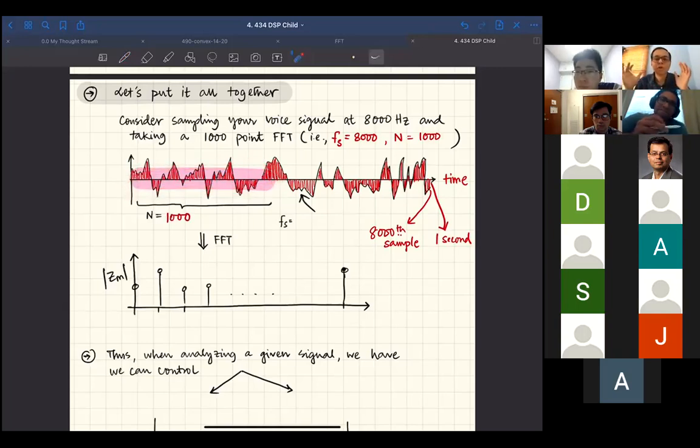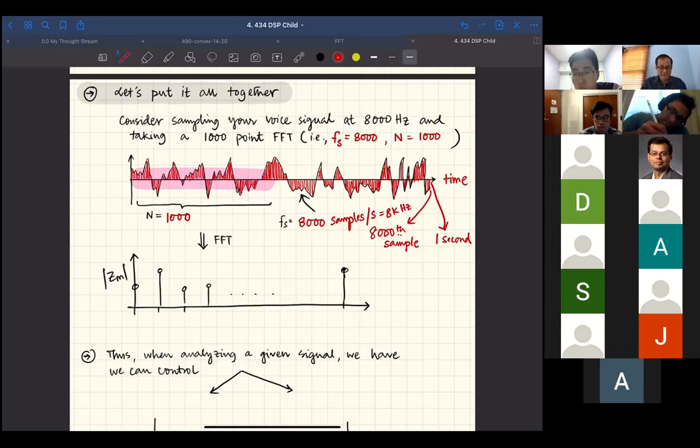That means your signal is now a 1,000-dimensional vector because capital N is 1,000. This is the part of the signal that I'm going to compute my FFT on. This is called an N-point FFT, or 1,000-point FFT in this example. So N equals 1,000, Fs is 8,000 samples per second, which is 8 kilohertz.